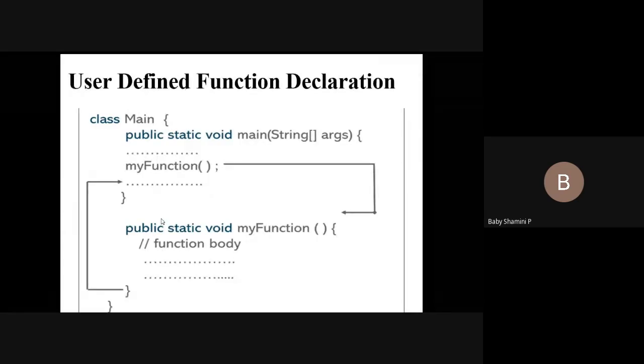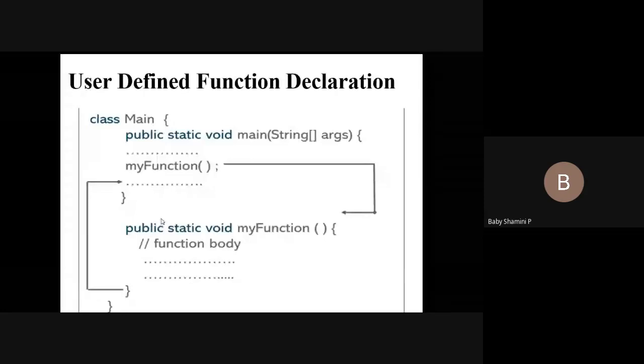Earlier we had to write a function to use the print method, but in the latest version, no need to include a separate function. Directly you can use the statement System.out.println. No need to write any code to use that particular function. That is the main advantage.